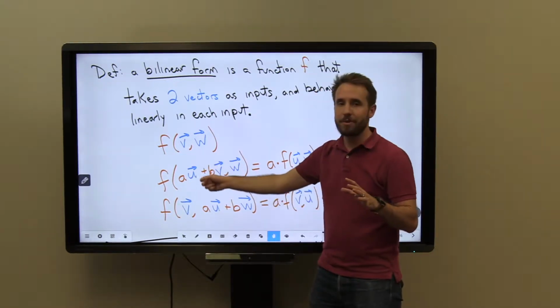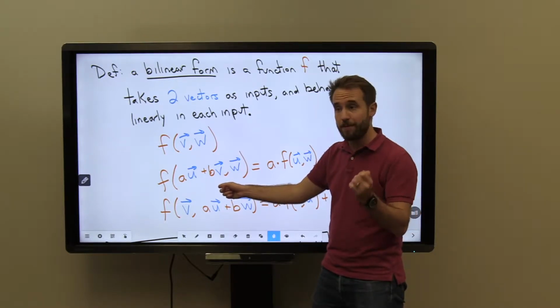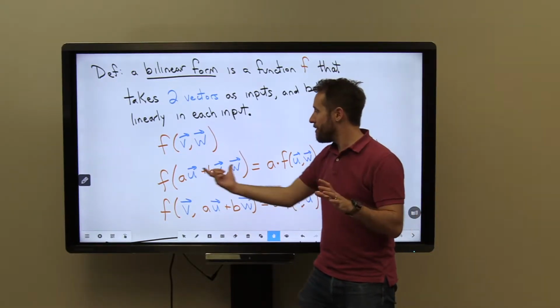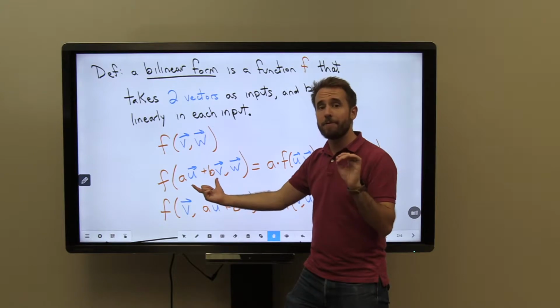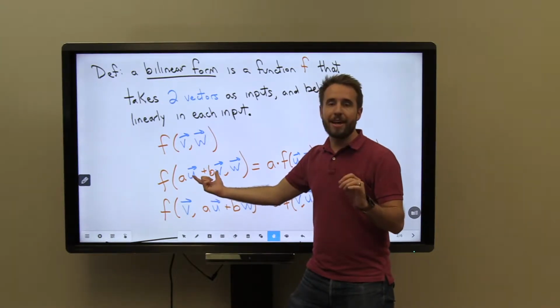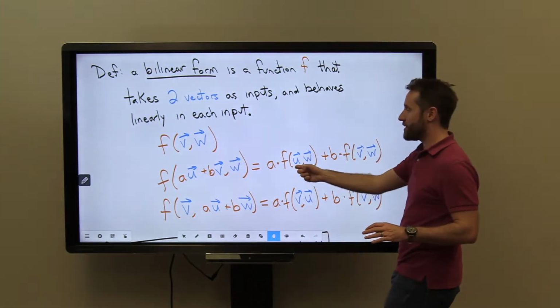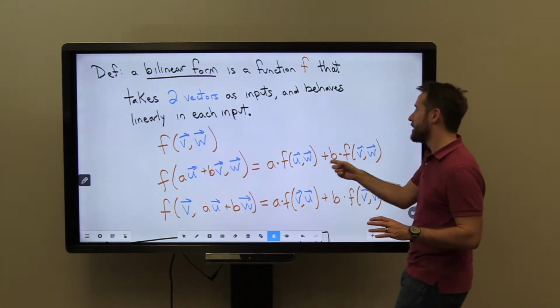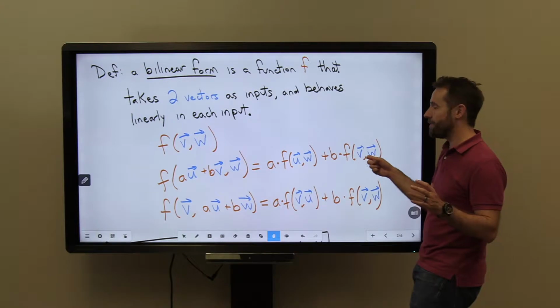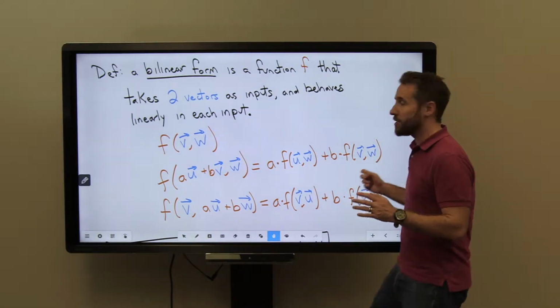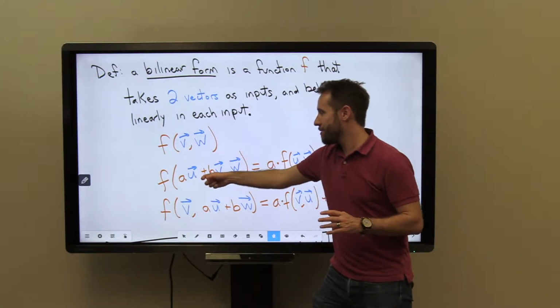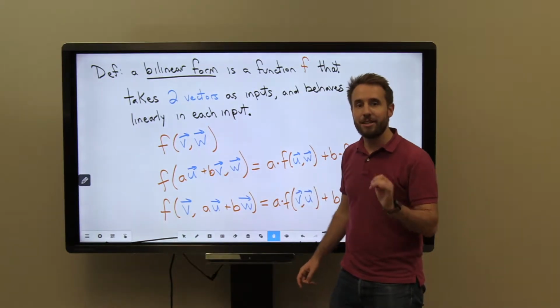So this is some linear combination of the vectors u and v. And if I plug that in as a vector in my first component, then I can distribute as I might hope. So this becomes a times f of u, w plus b times f of v, w, right? Where I've split up this first component, the au plus bv, in this nice linear manner.